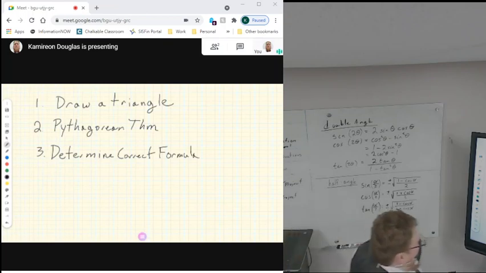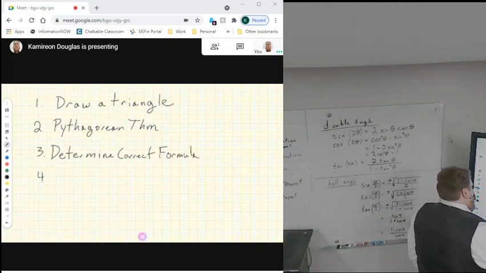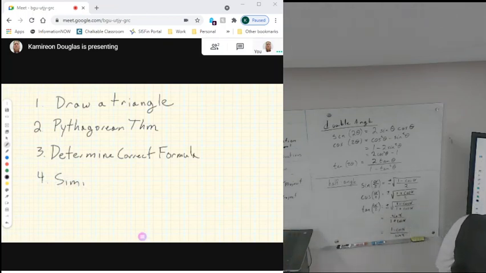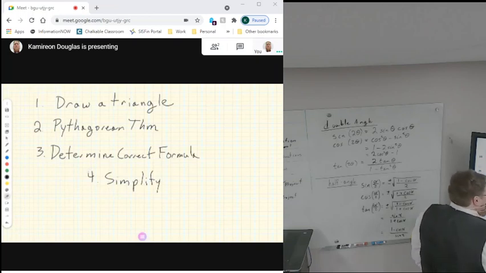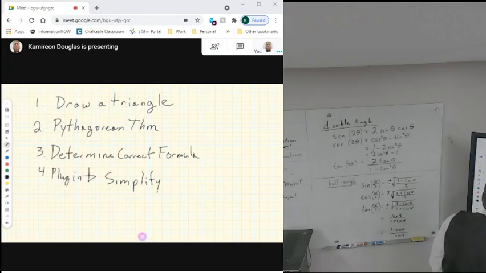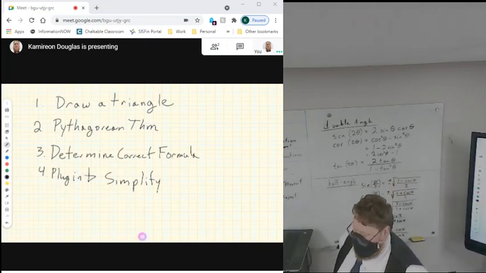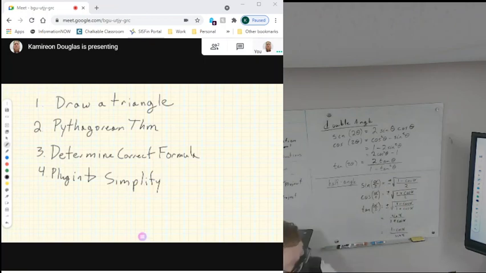And finally, step 4, where I want to simplify. Or should I say, plug in and simplify. This guy's too simple. That's what we're doing tomorrow.